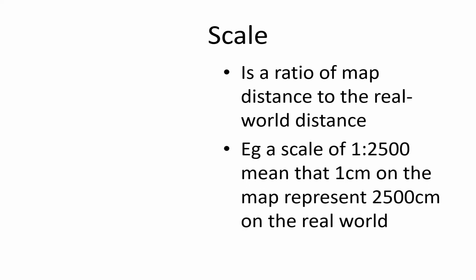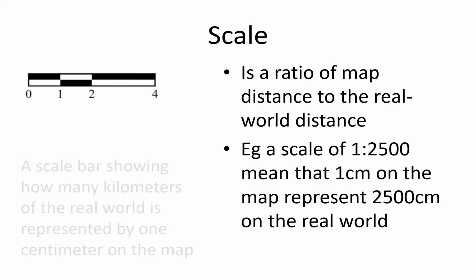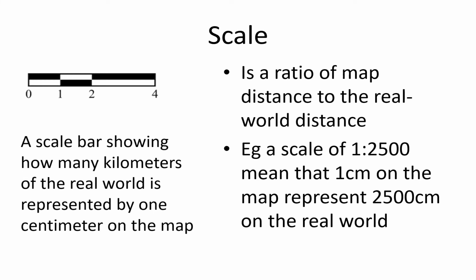For example, a scale of 1 to 2,500 means that 1 centimeter on the map represents 2,500 centimeters in the real world. This is an example of how we present scales in GIS related aspects.